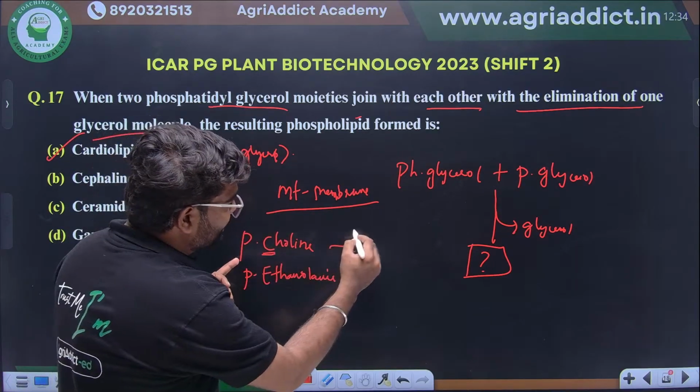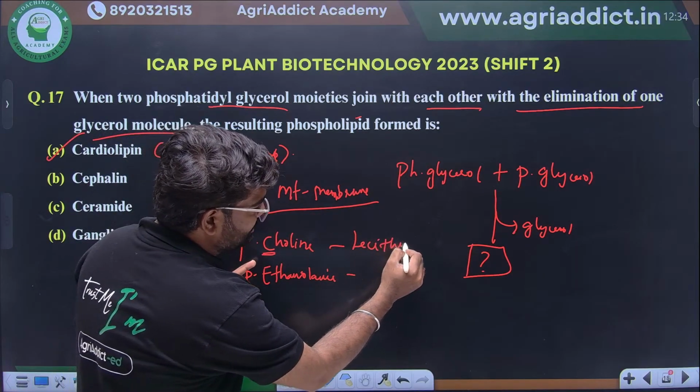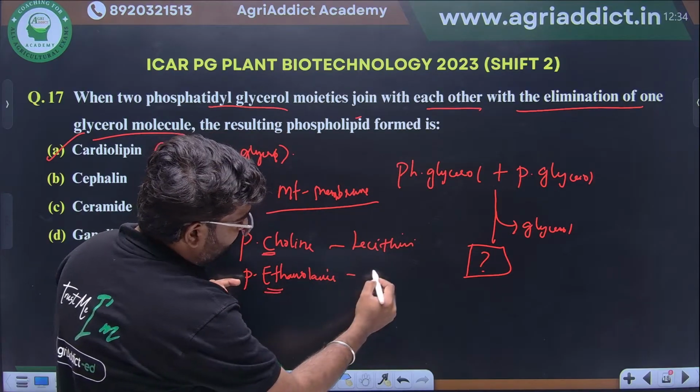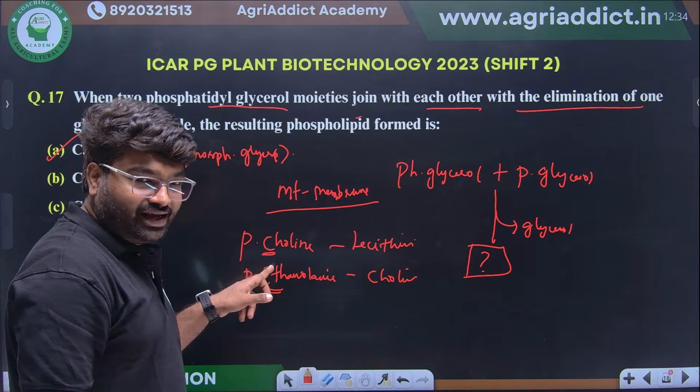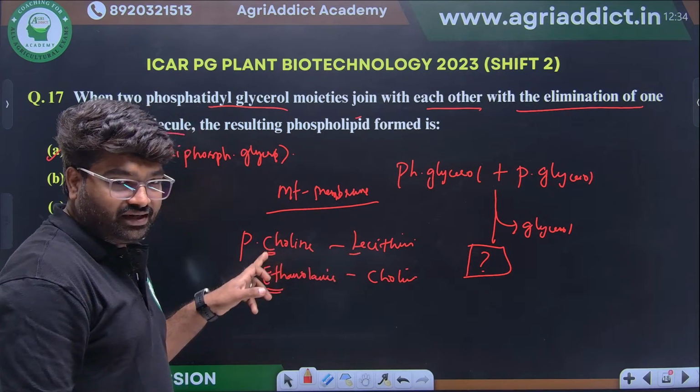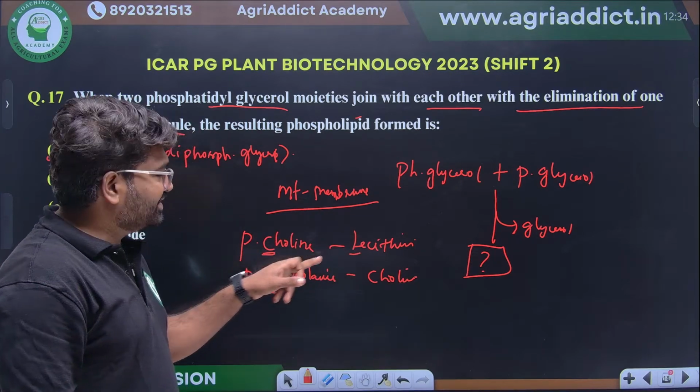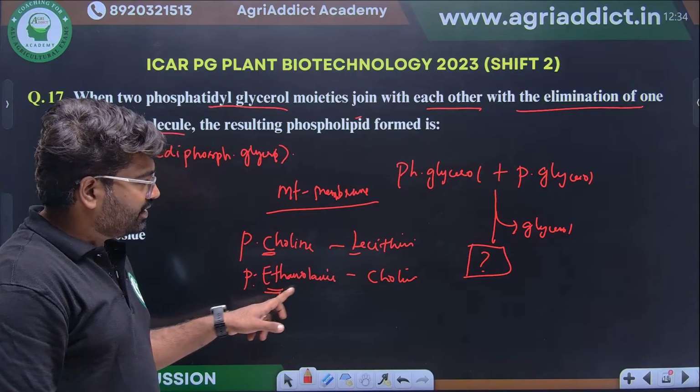Phosphatidylcholine is known as lecithin. Phosphatidylethanolamine is known as cephalin. Wherever C is coming here, the name will not start with C.